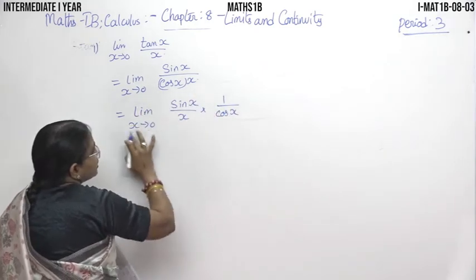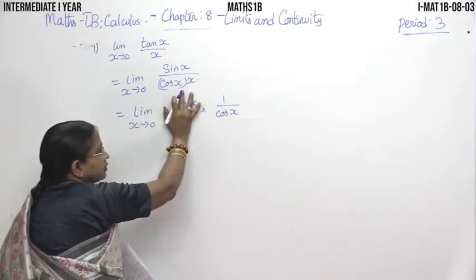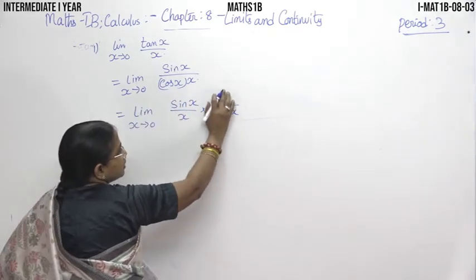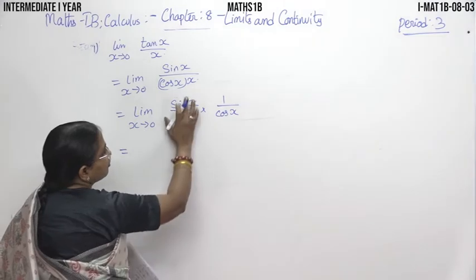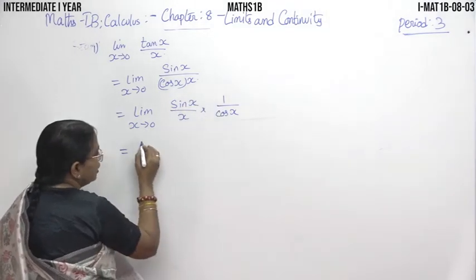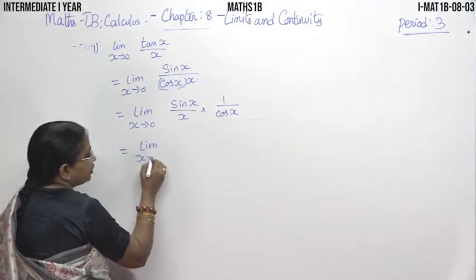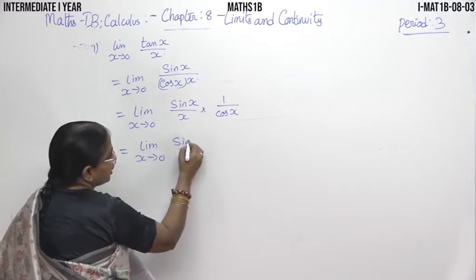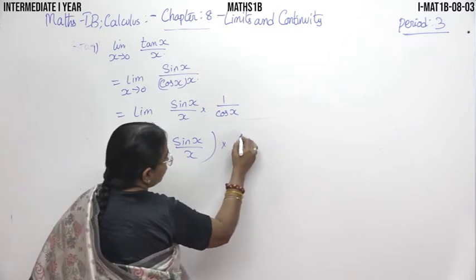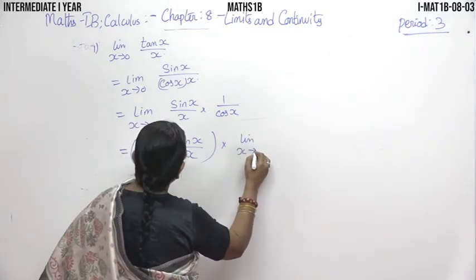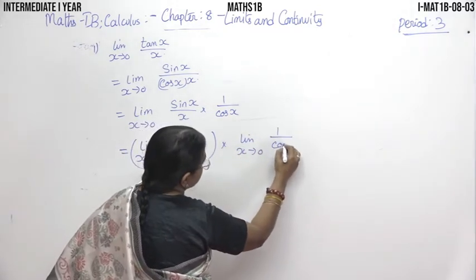Then when you take this part, it is the standard limit. And for this you can write the separate limit. You have seen limit x tending to a of f of x into g of x is limit x tending to a of f of x into limit x tending to a of g of x. So this is one function into limit x tending to 0 of 1 by cos x.